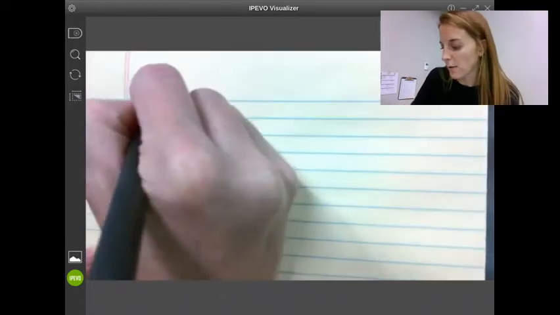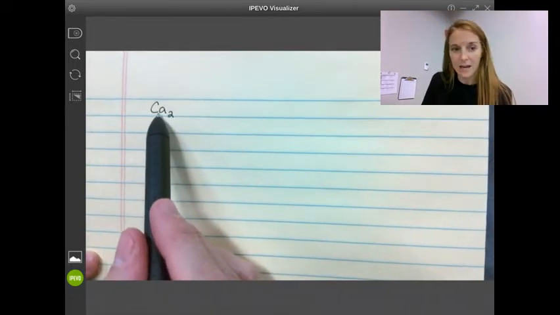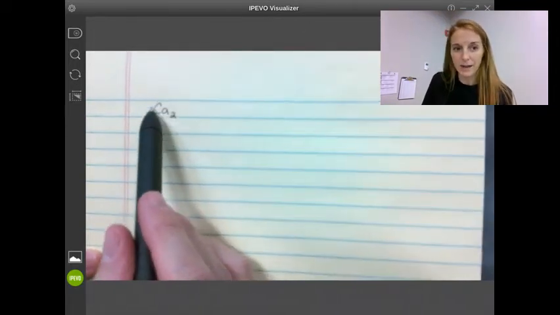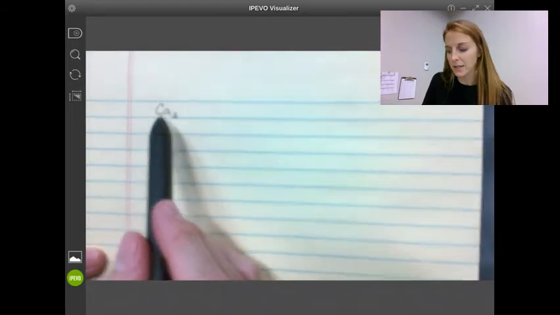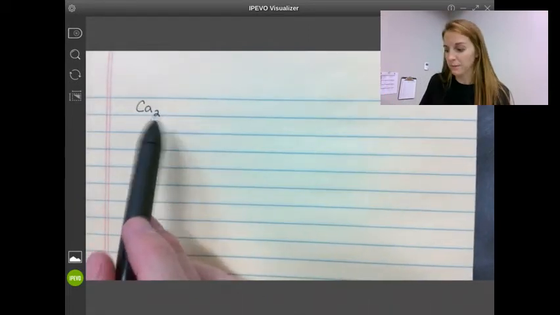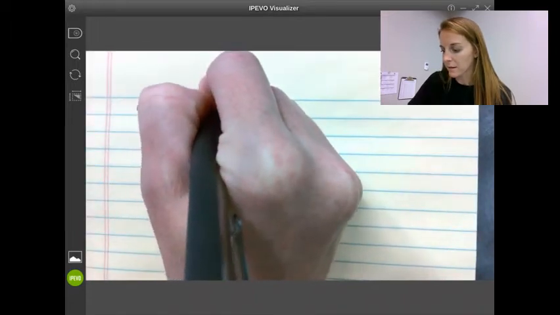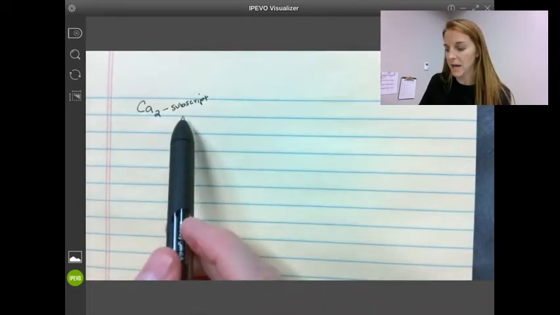So first thing I want to do is to make sure that we're clear on subscripts and coefficients. So if I write, so here I've written Ca, which hopefully you're recognizing that that's an element from the periodic table. It's calcium. And then that little number is a 2. That little number is your subscript. So if it helps to write that down, you can write subscript off to the side.